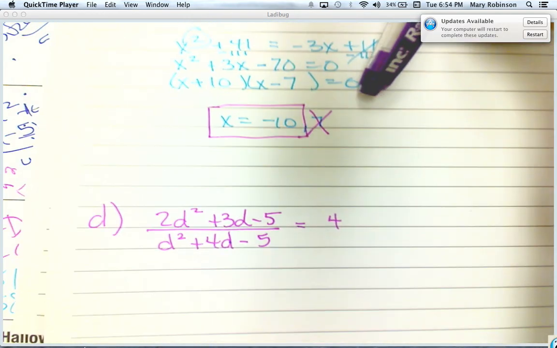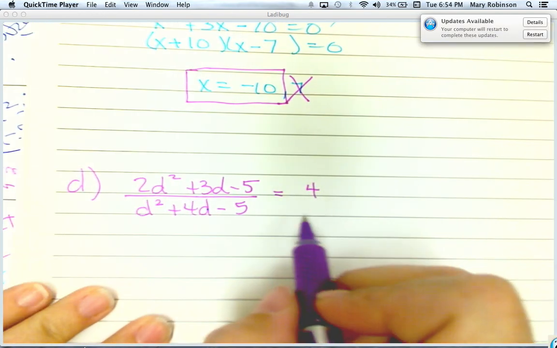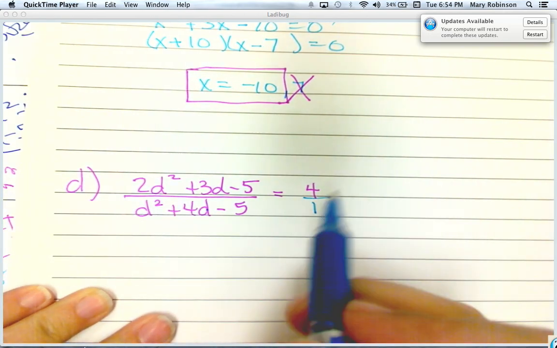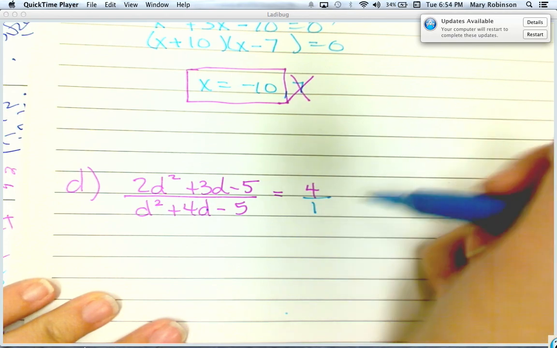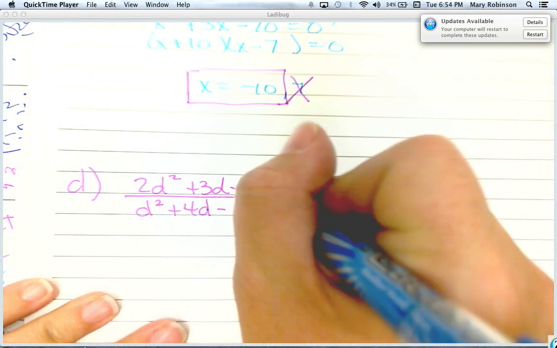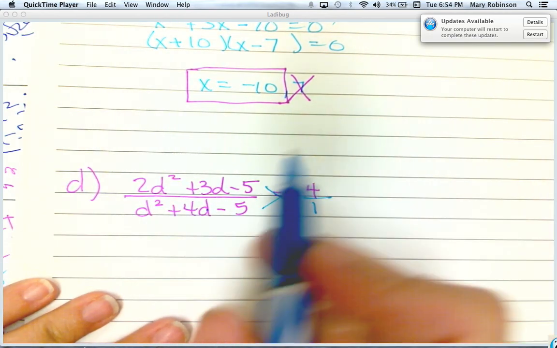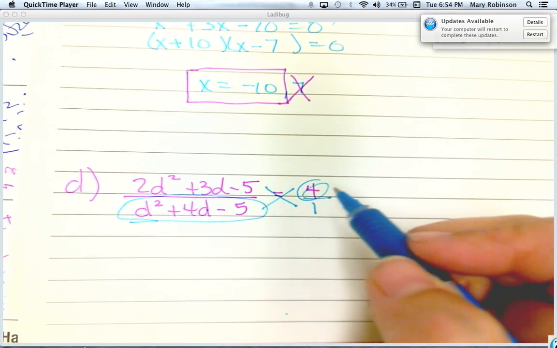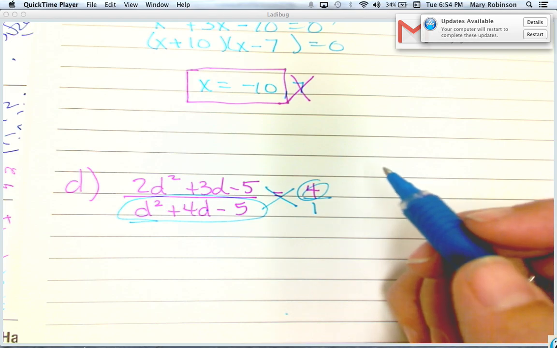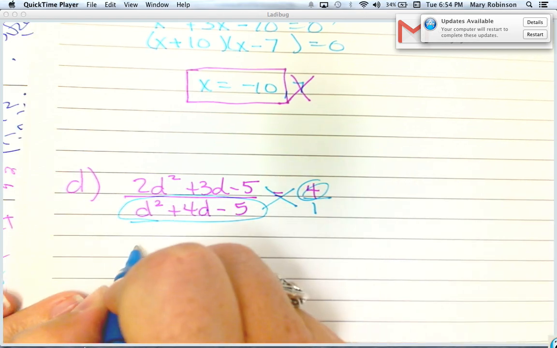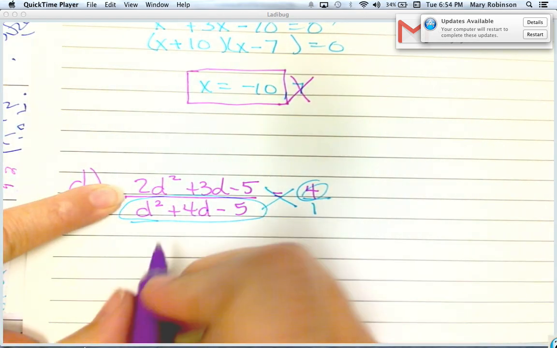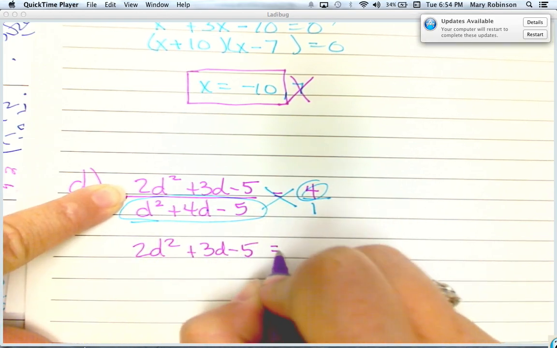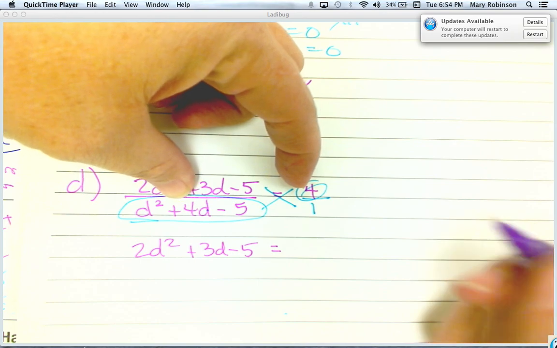All right, next for part D, this is over 4, or 4 is over an understood 1. If we put a whole number over 1, it helps us to see this as a proportion, to recognize that you do need to multiply this denominator here by 4. So I'm going to keep the numerator here on my left, but then set that equal to what we get when we distribute 4.